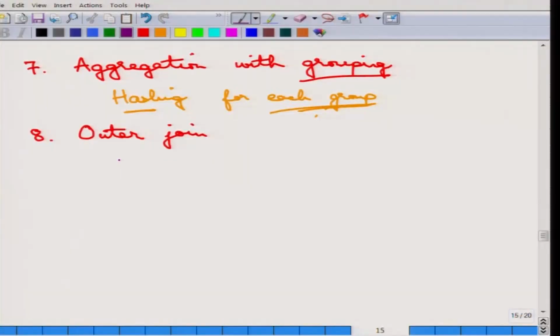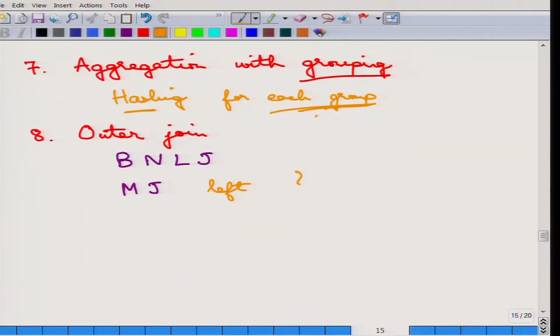So how to handle that? Once more, the block nested loop join requires no modification, because this is the most generic algorithm. If the TR and TS match, it is output, otherwise it is padded with suitable null values. For the merge join, suppose it is a left outer join.